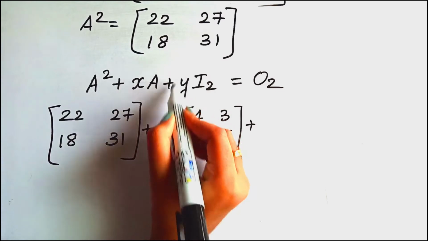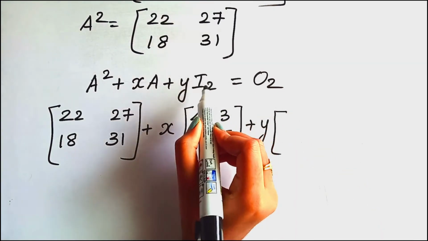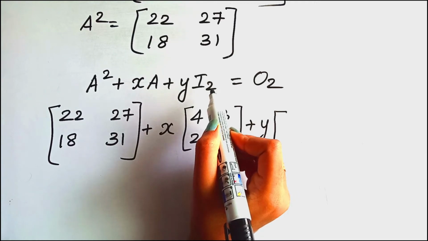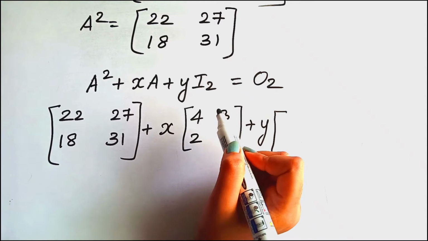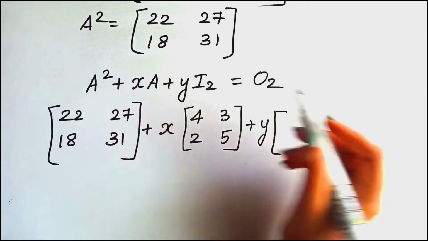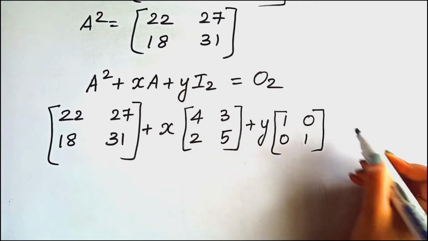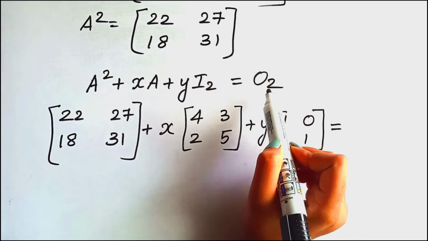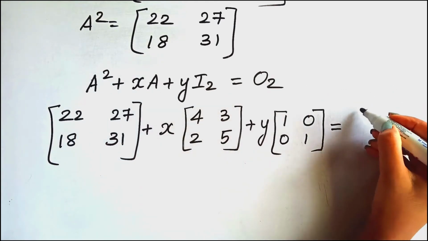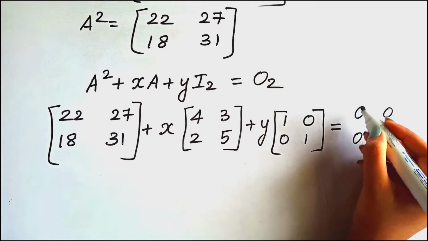And then there is a y here, so y, and then we have to substitute the value of I2, which is the identity matrix in the form of 2 cross 2 matrices. So what's that? 1 0 0 1, which is equal to O2. O2 is nothing but we have to write the 0 in the form of 2 cross 2 matrices. So 0 0 0 0.